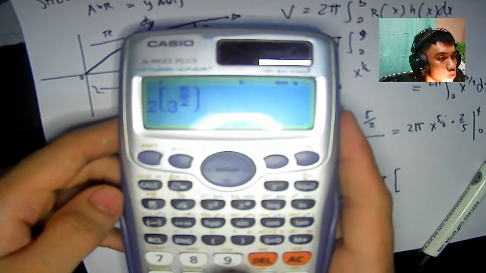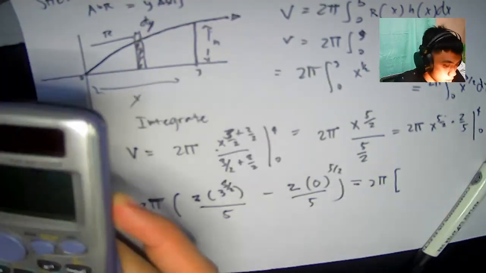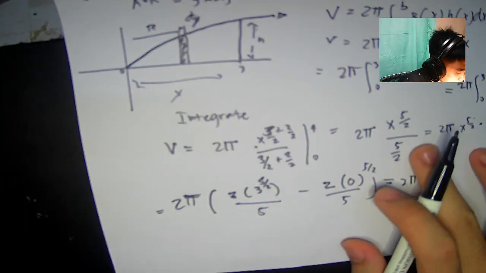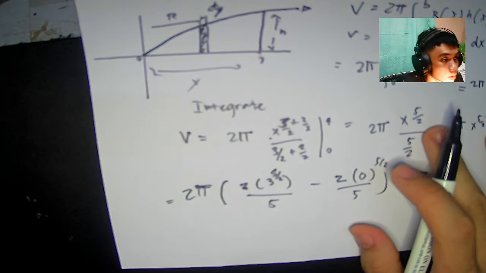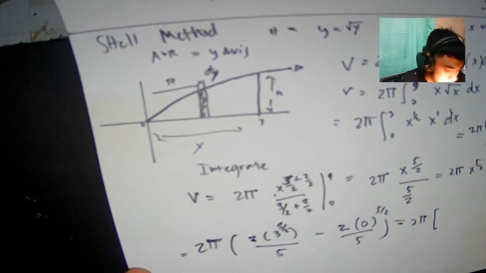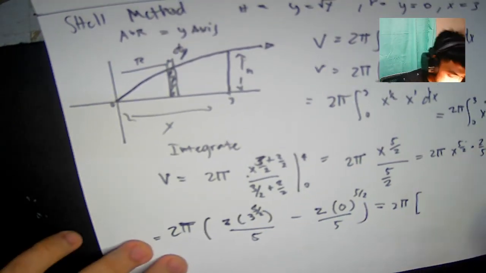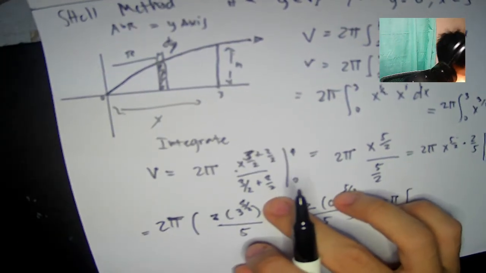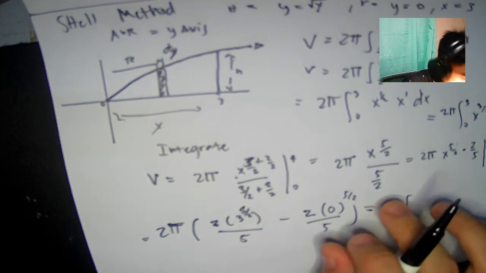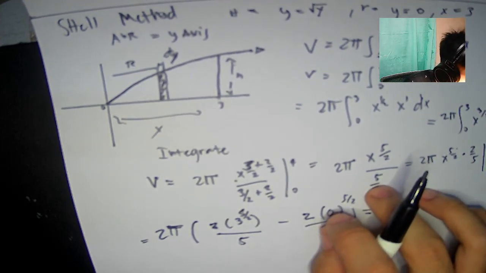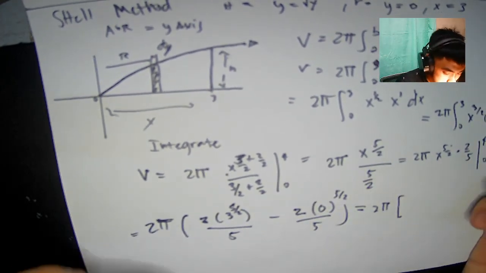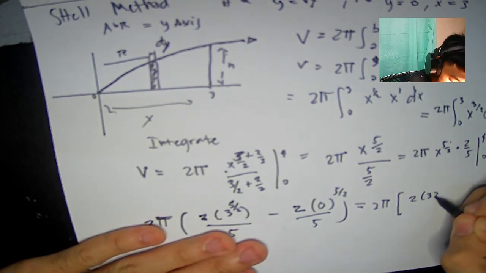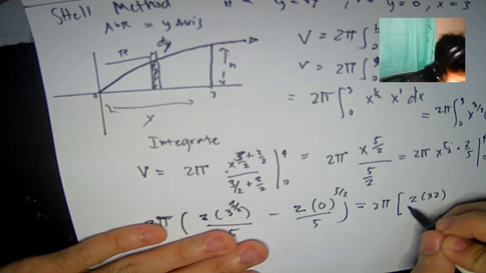So you can input it now, or just 3 pi over 2. So 3 pi over 2. The answer should be around 32. So 2 times 32 over 5.